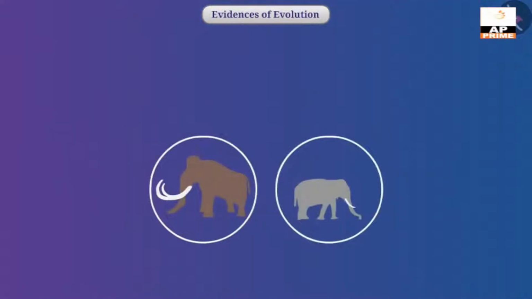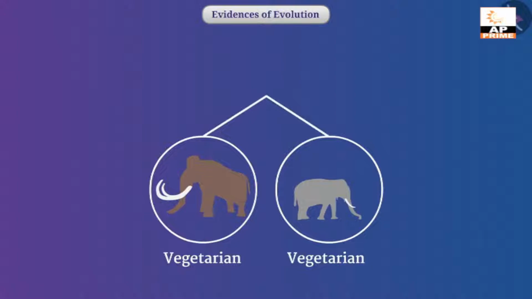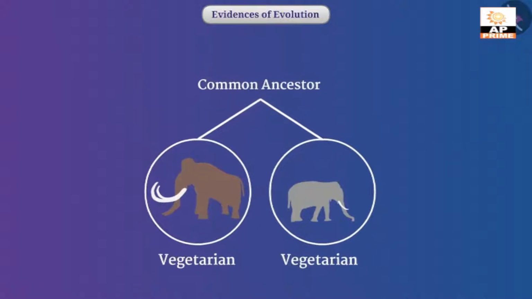Characteristics is the description of an external shape or behavior. If different organisms have the same characteristics, then it can be inferred that they must have evolved from a common ancestor. In this way, if the characteristics of two species are closely related, then they must have a common ancestor.